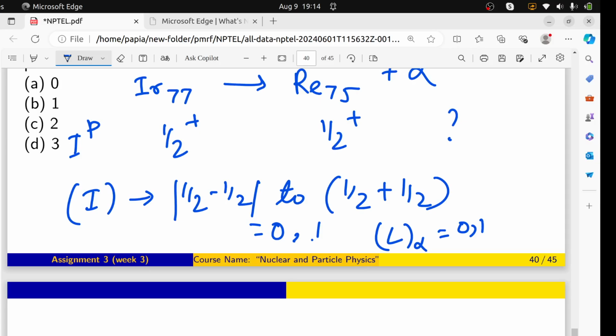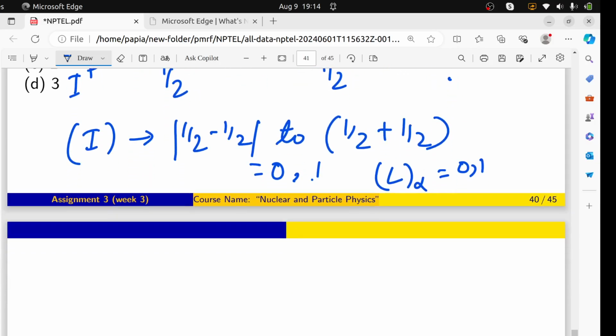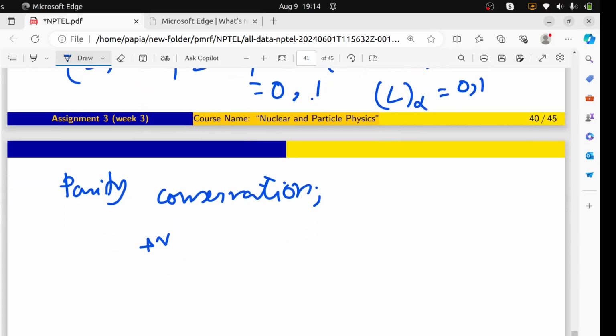Now, from the parity conservation, in the left hand side it is positive, in the right hand side it is also positive, so the multiplication should be positive, otherwise the right hand side will not be positive.